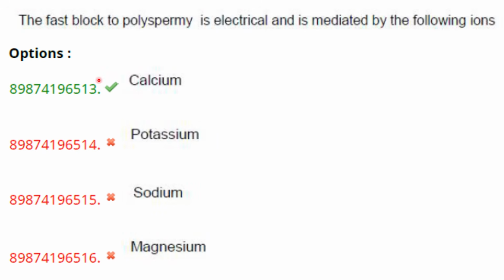Then, for this question, they have given the answer as calcium, but as per me it is sodium. Why, I will tell you. The fast block to polyspermy is electrical and is mediated by which of the following ions? So polyspermy means an egg will be fertilized by more than one sperm.